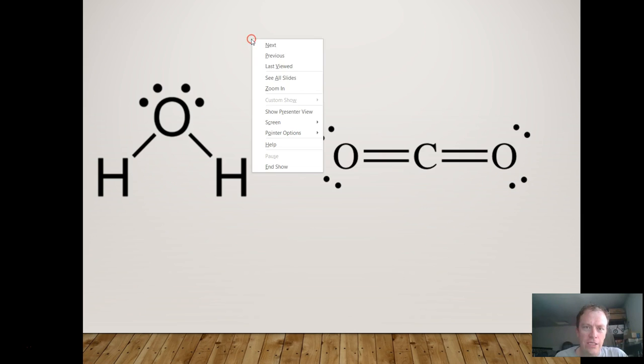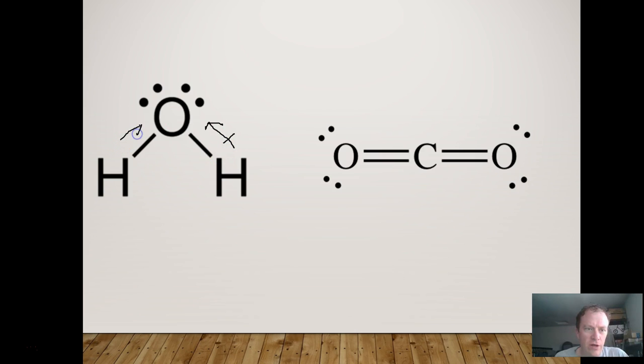Okay, so in the case of water, let me try to get my pen here. Okay, so we've already talked about water. It is polar, and the hydrogen-oxygen bond is polar, so this bond would have a little polarity vector like that, and then this bond would have a little polarity vector like that. And again, we make it almost like a plus looking sign.